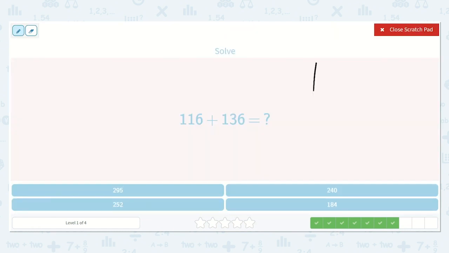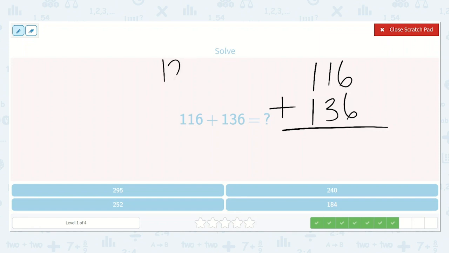Now we have 116 plus 136. I see, and at my ones place, I have two 6's. So 6 plus 6 is 12, but I cannot put the number 12 right down here. I need to see if I created a new 10. We could draw a picture, or we could look at the number 12. And we can say, how many 10s are there in 12? Just one.